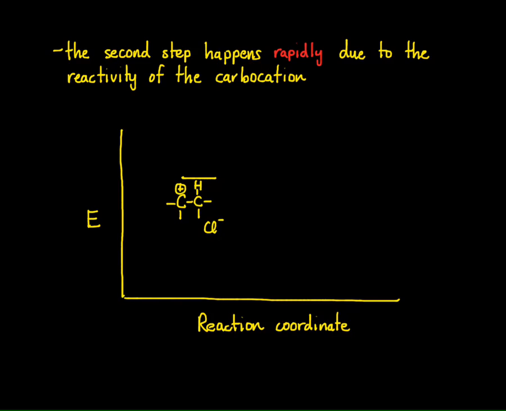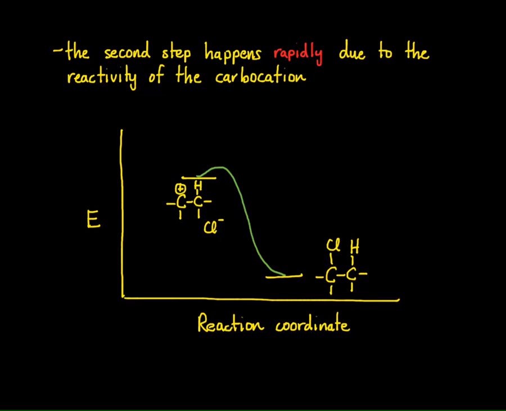Now we're starting with the carbocation and the chloride ion, and a rapid reaction occurs. It's an exothermic reaction, as we saw, because we're now forming bonds, so energy is released in that process, and it produces our product, which is an alkyl halide.